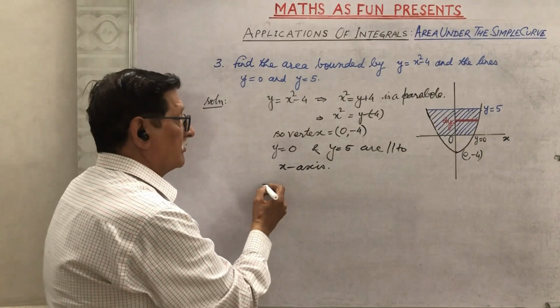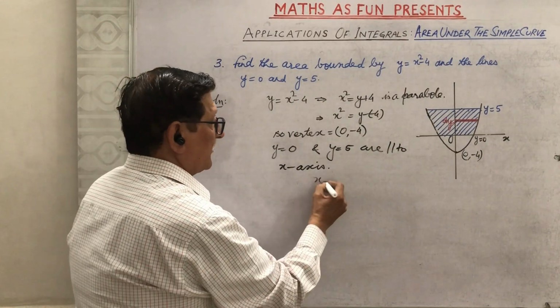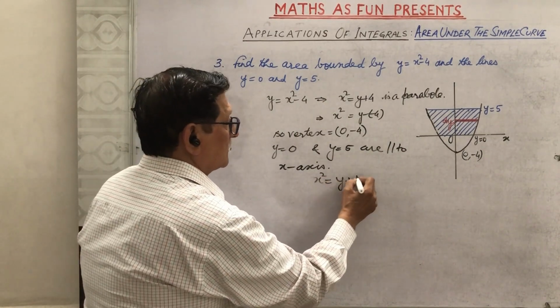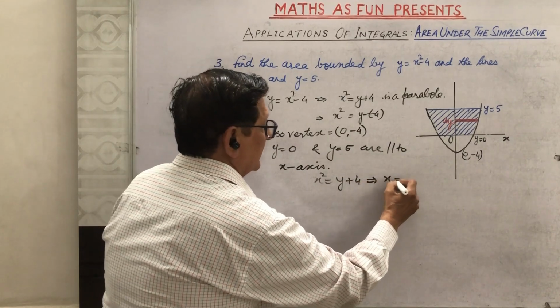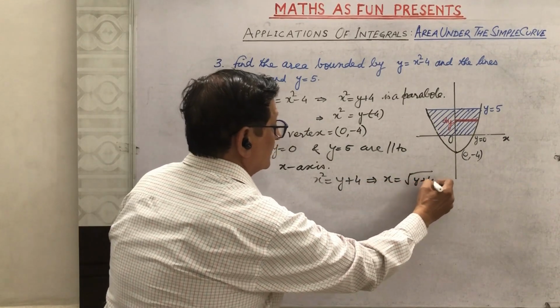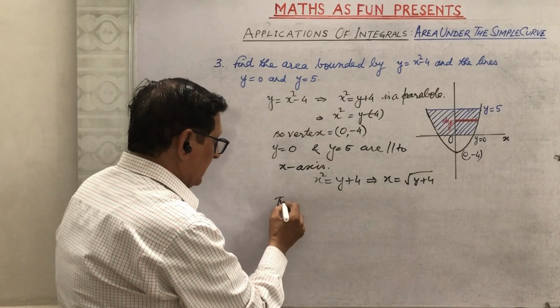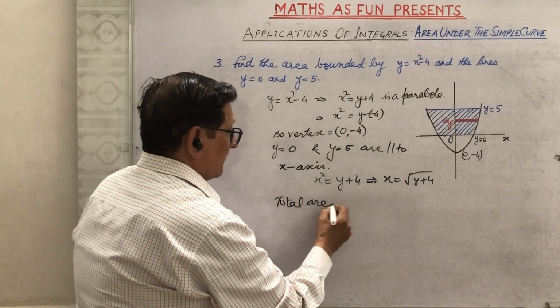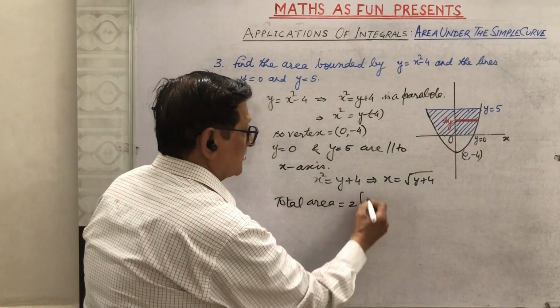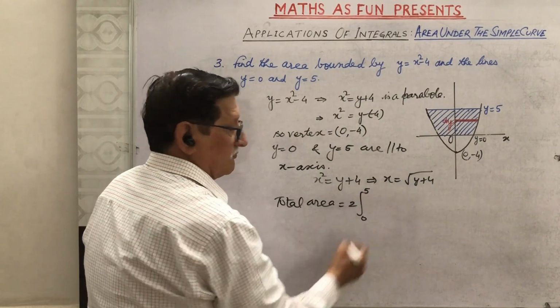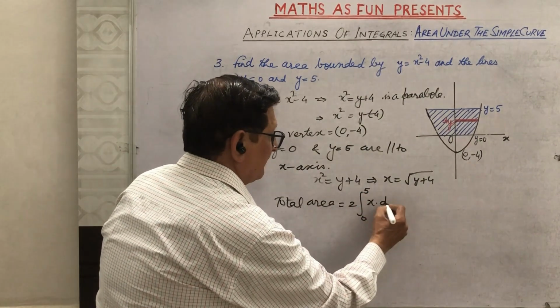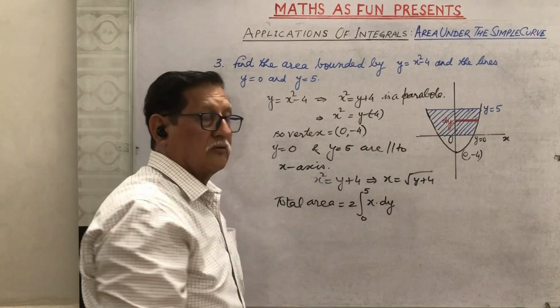From this equation, x square is equal to y plus 4, so x is equal to root of y plus 4. The total area we will find is twice the integral from 0 to 5 of x dy, because we are taking along the y-axis.